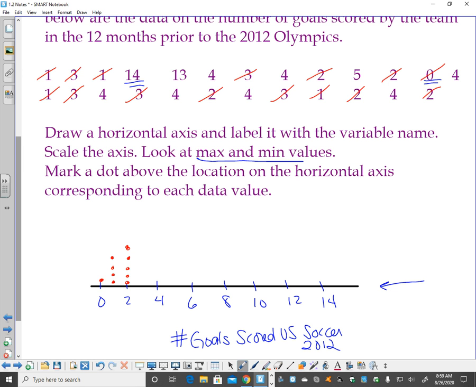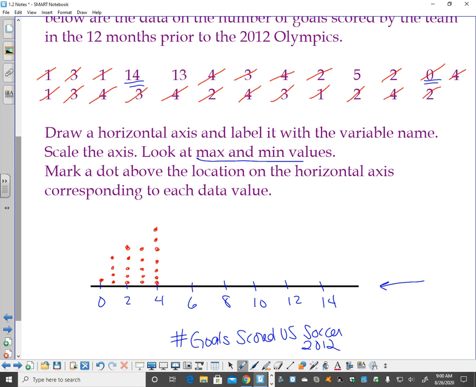Okay, I've got 5. All right, now I'm going to do 4s. 1, 2, 3, 4, 5, 6, 7. All right, 1, 2, 3, 4, 5, even, 6, 7.